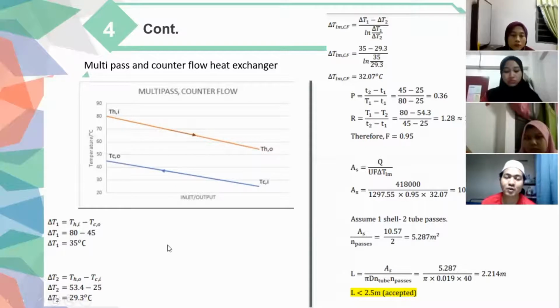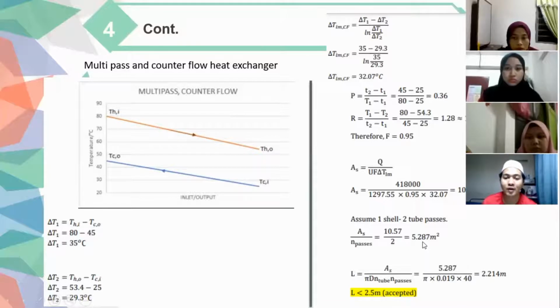Therefore, we try the third design, which is the multi-pass and counter flow heat exchanger. The same thing again, we got the theta T LM CF, which is 32.07 degrees Celsius. And we find F, which is 0.95. Then we find A_s, which is 10.57 square meters.